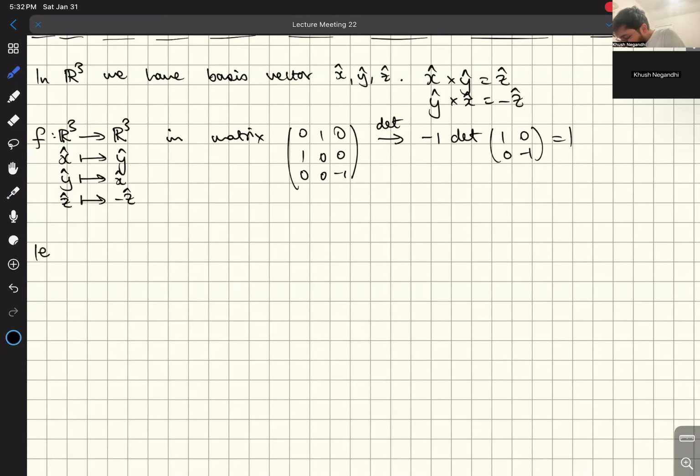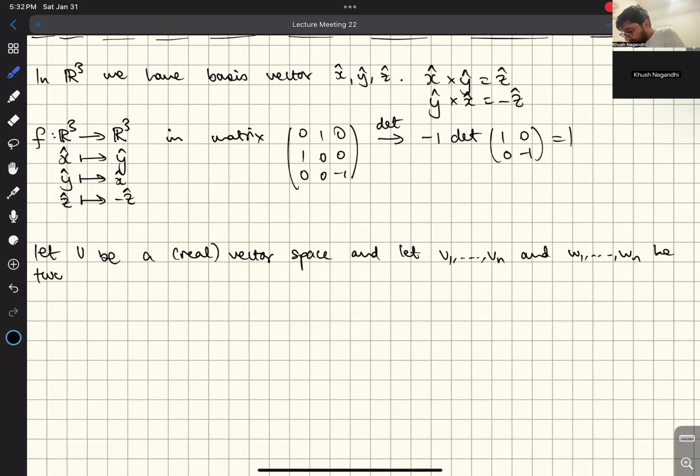So let V be a real vector space, and let V1 up to Vn and W1 up to Wn be two bases.